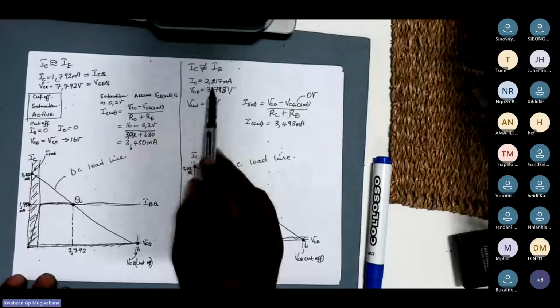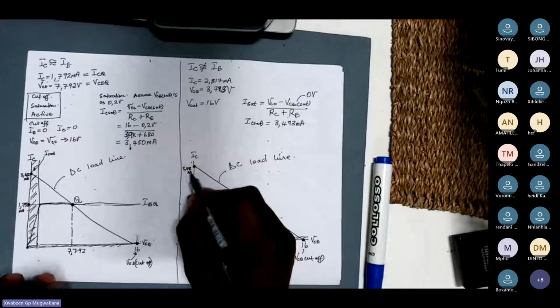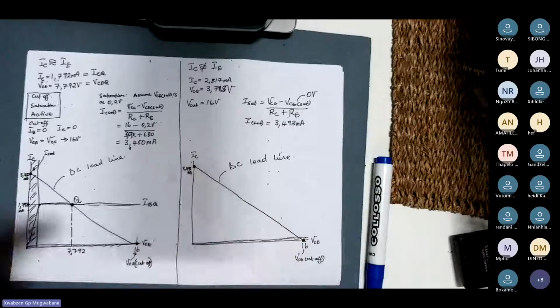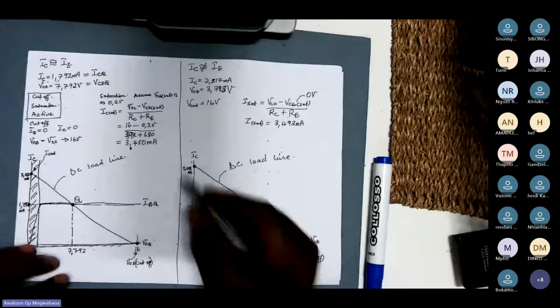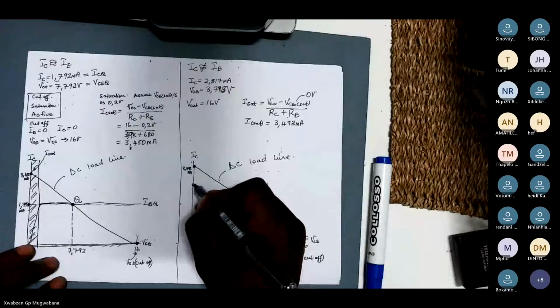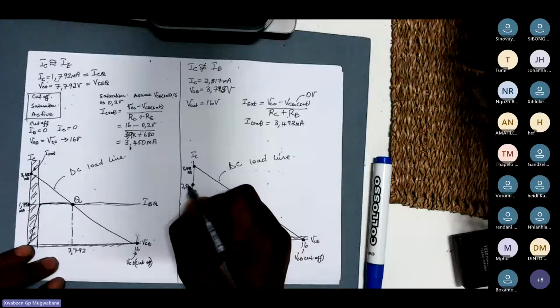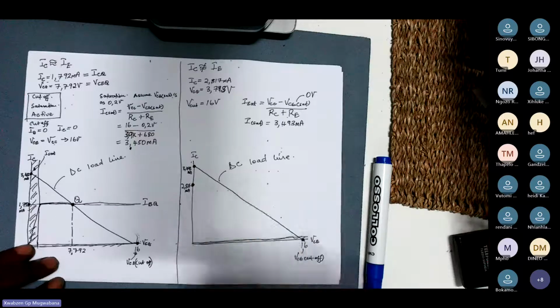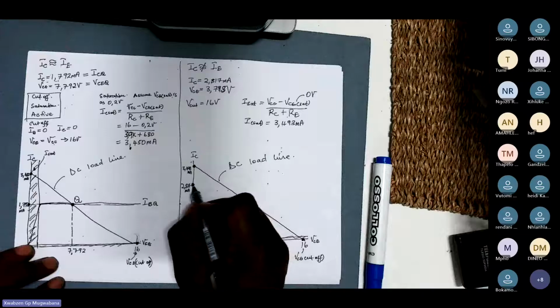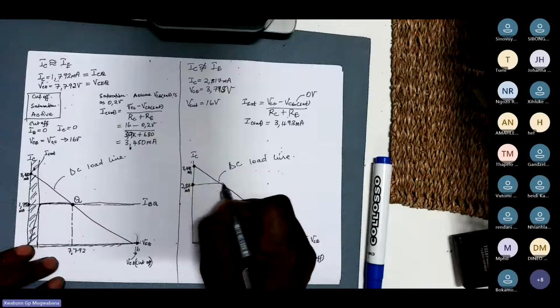My IC is less than my I set, which means it's somewhere, for example, here, which is 2,817 milliamps. If I draw the line, it's going to cut somewhere there.